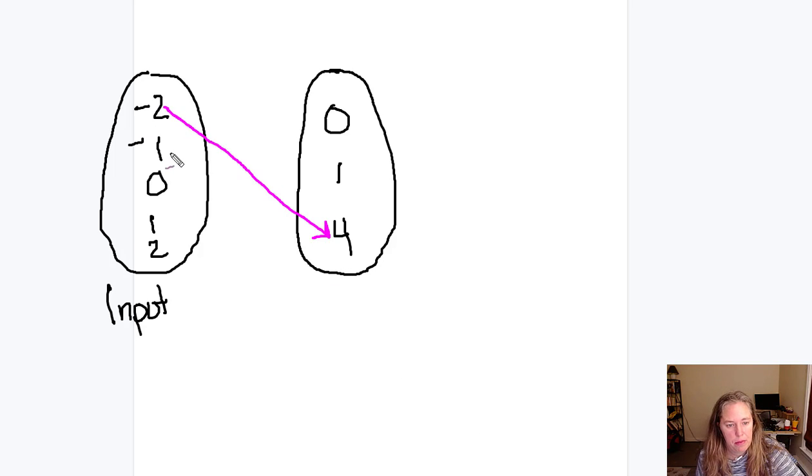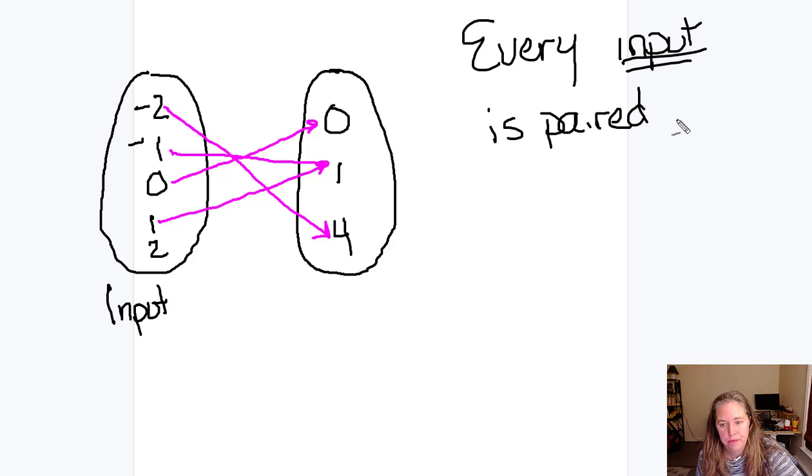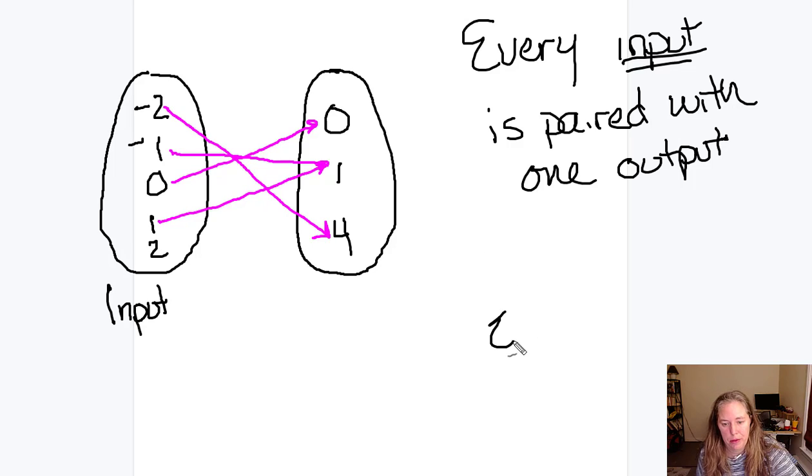Negative 1 is paired with 1 output. 0 is paired with 1 output. 1, okay, the output of 1 has 2 inputs. That doesn't matter. That's okay. The rules of a function say every input is paired with 1 output. It does not say every output.